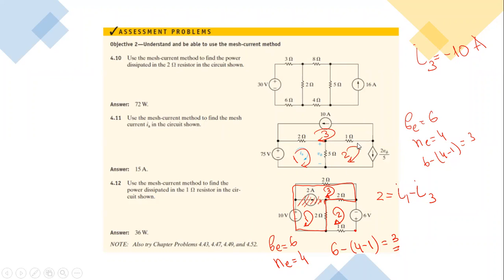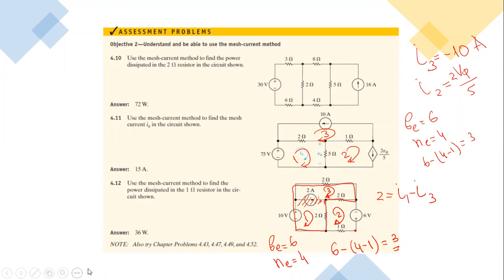Okay, so let's look at mesh 2. I see that I2 is equal to this current. This is a current source, right? So I2 is equal to this current, and this current is 2V5 over 5, right? Okay, so what is V5?